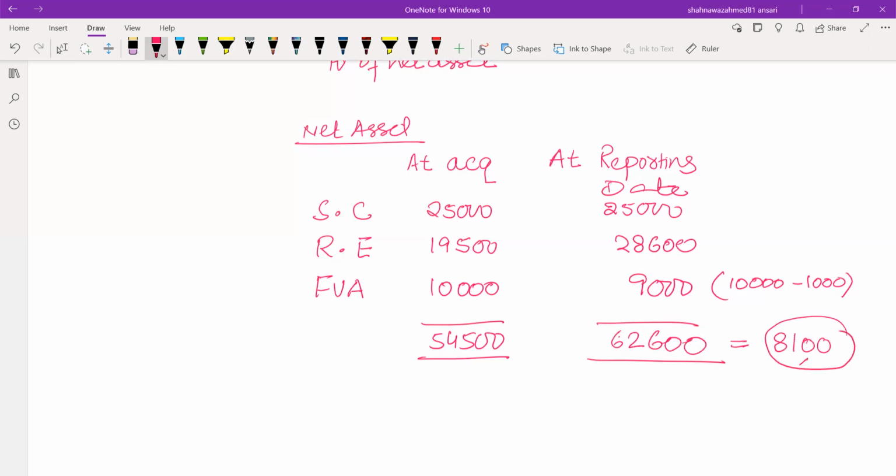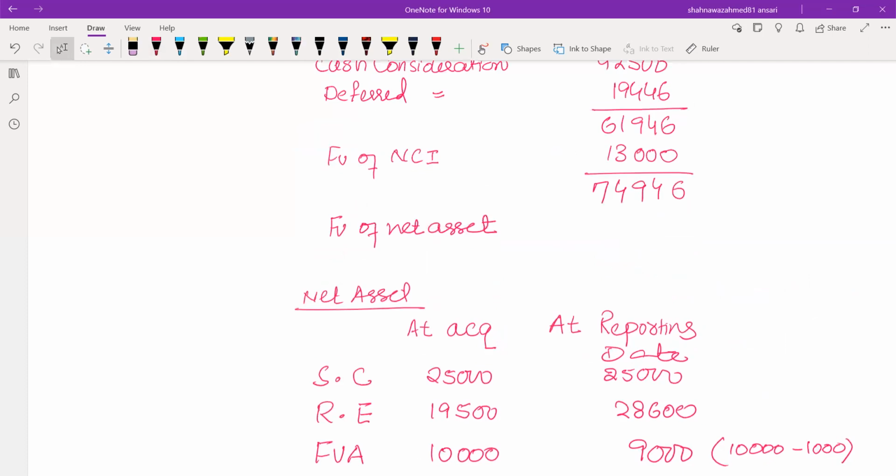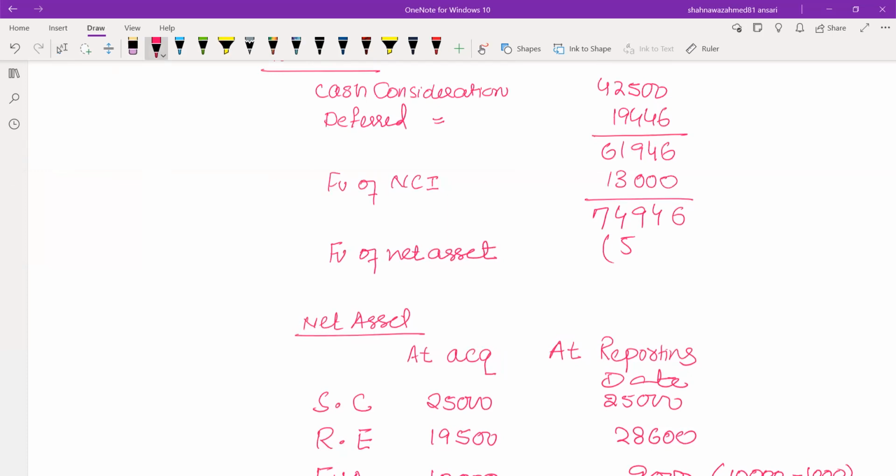We'll use this figure in consolidated retained earning and NCI. So now let's put this here. Acquisition 54,500. And this is the goodwill at acquisition, 20,446. This is to be reported in SOFP as an intangible asset.